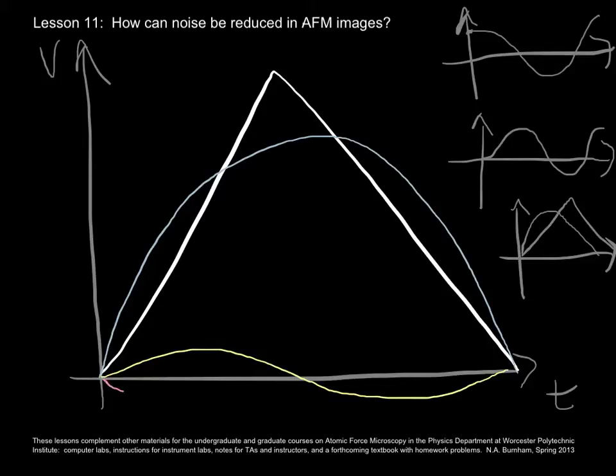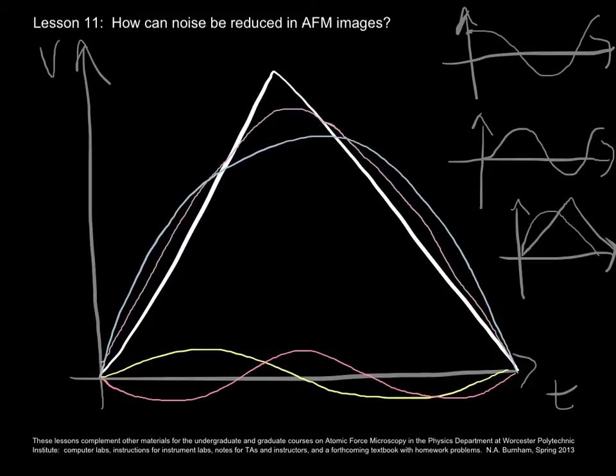Let's go up to 3 times the frequency. So that's promising because when we add that rose line to the blue line, we would get a little decrease here on the sides and a little increase here near the peak. So we start to get something that more closely resembles the triangle wave.